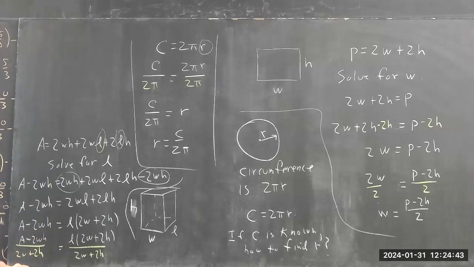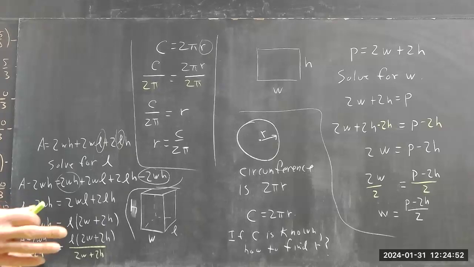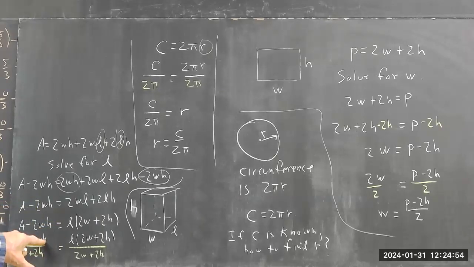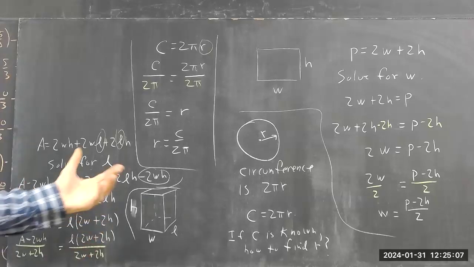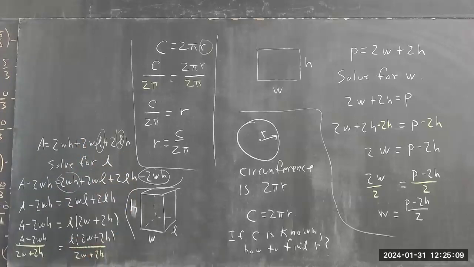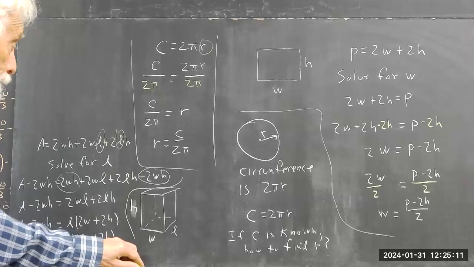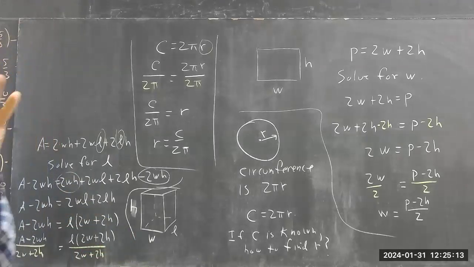Fair warning: you can't cancel this H with this H, because this H is not a factor of the denominator. It's not something that's multiplied through in the denominator, and this H is not a factor of the numerator. This is where we really get into problems with canceling, because people want to cancel this H, cancel this W with this W, and cancel all these twos. It doesn't work. So that becomes a problem, and that's just fair warning.